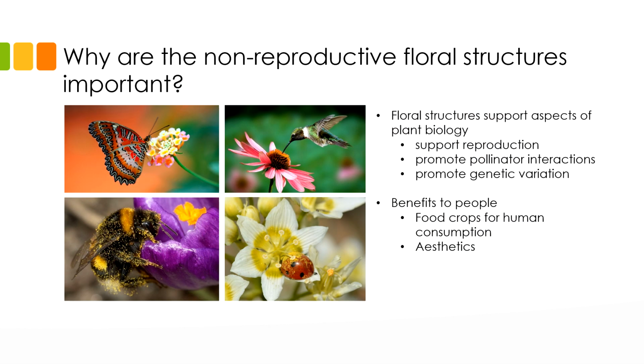We already know that flowers are the key organs for the sexual reproduction of plants, and therefore are really important. But if you think about it, the carpel and the stamen are the only parts that are actually necessary for sexual reproduction. Aside from providing structural support to the carpel and stamen, what could be the other functions of the non-reproductive parts of the flower?